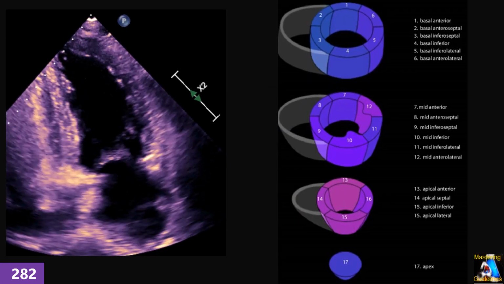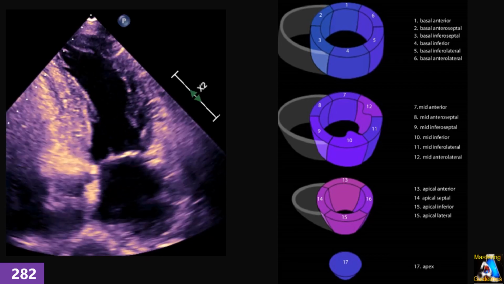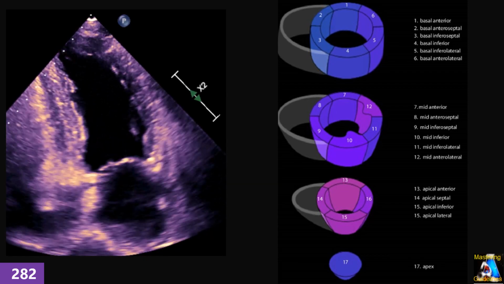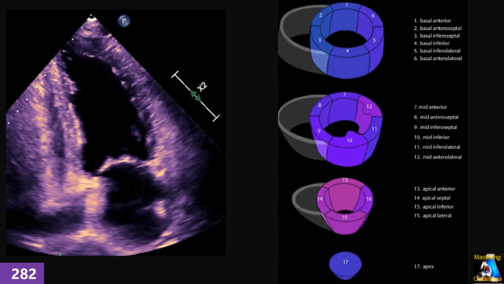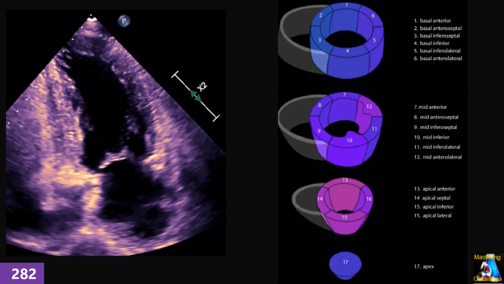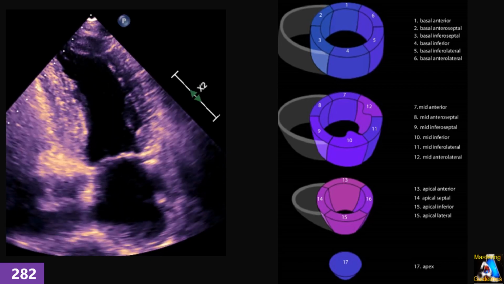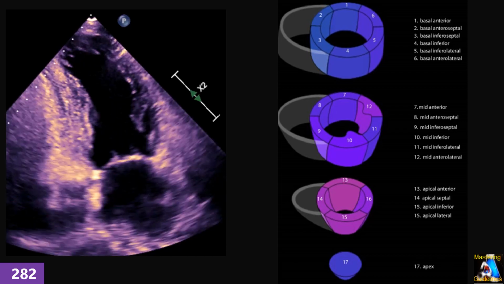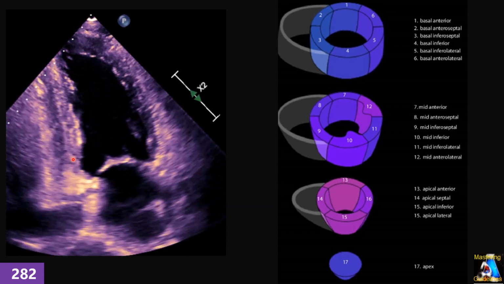Hi everyone, hands-on experience 17. As you may know, the inferior wall, and specifically the basal segment, which we call basal inferior or inferobasal, has a specific anatomic feature.